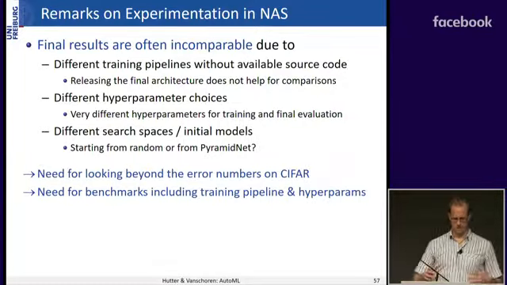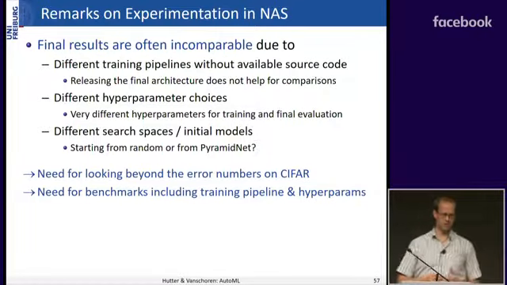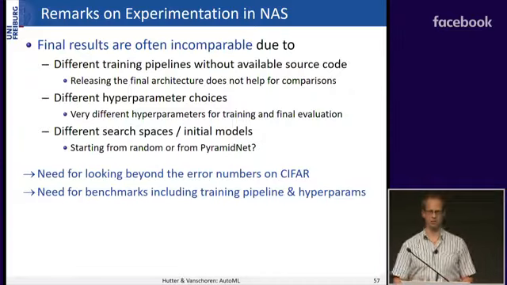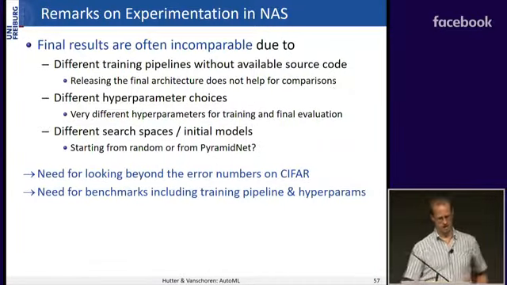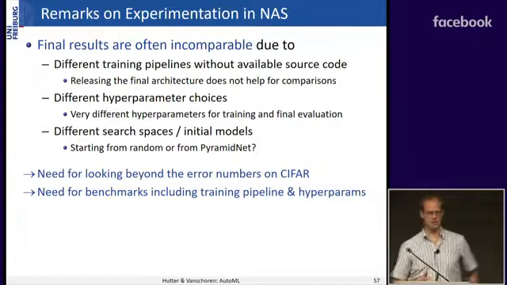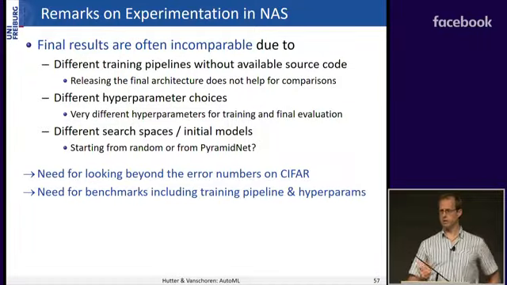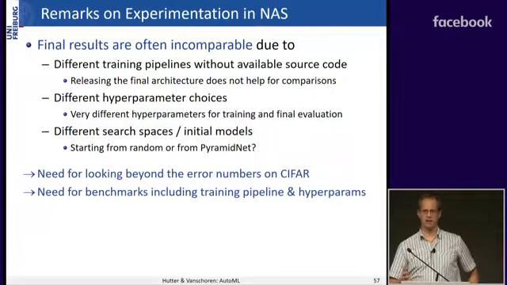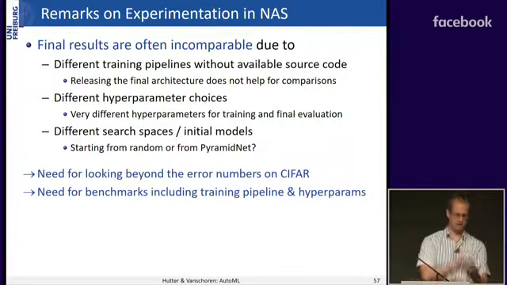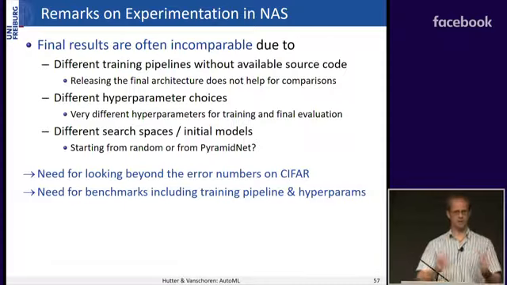So if you review neural architecture search papers, I would ask you to look beyond just the error numbers on CIFAR, but look at the method itself and ask for these details. Also, we need benchmarks that are not just CIFAR, but CIFAR with this search space, with this training pipeline, with these hyperparameters.